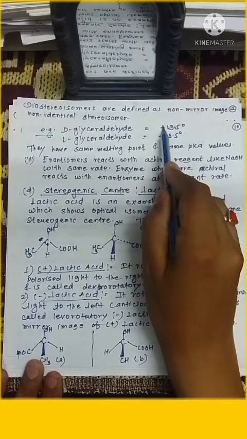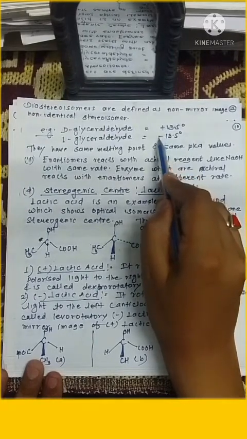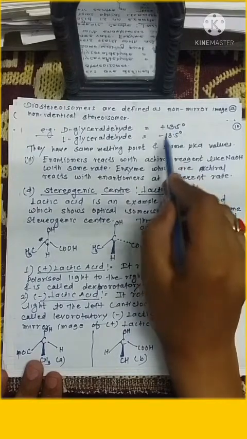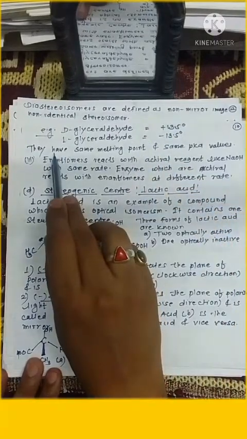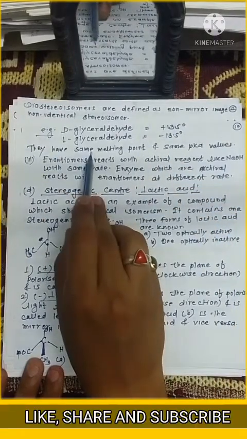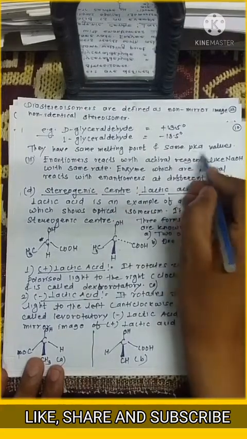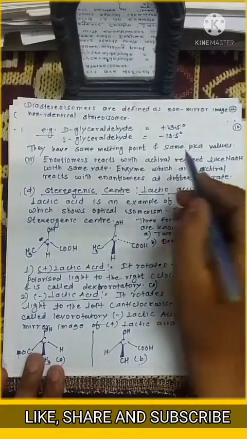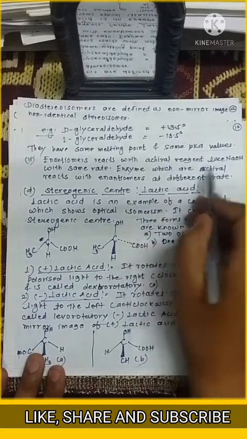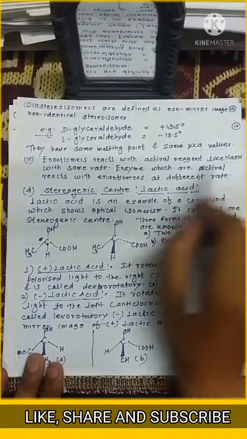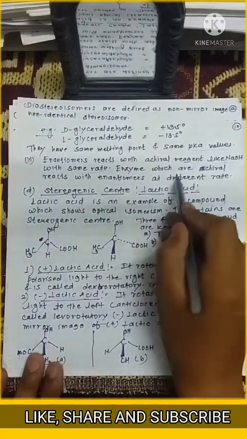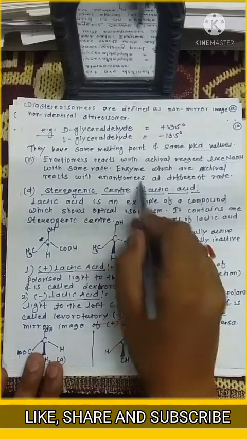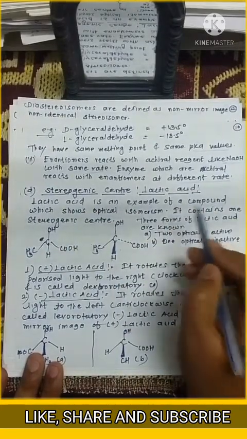So there is just a change of direction. They have the same melting point and the same pKa values. Enantiomers react with achiral reagents like NaOH at the same rate. Enzymes, which are chiral, react with enantiomers at different rates.